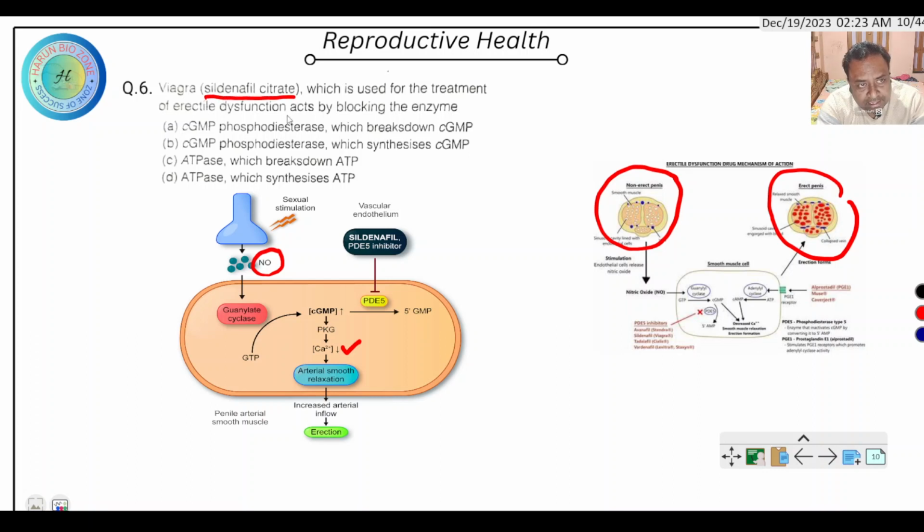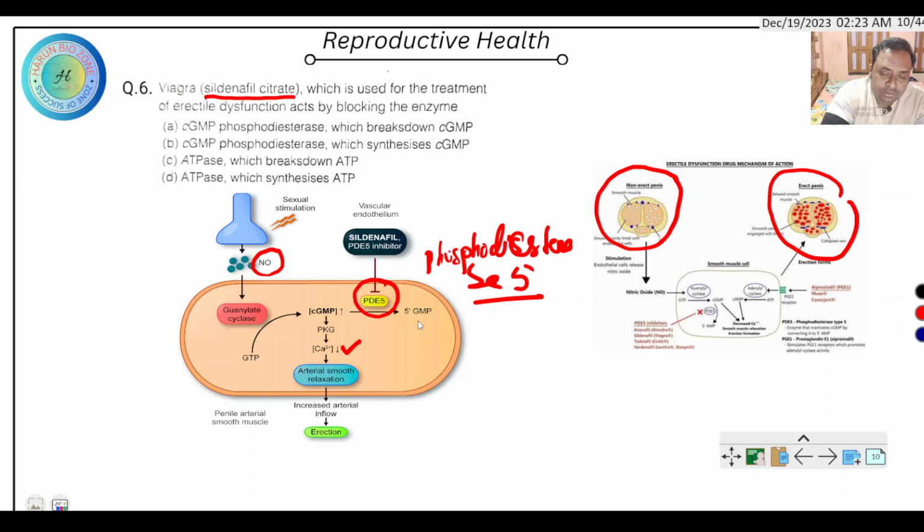Sildenafil citrate inactivates phosphodiesterase 5, because this enzyme converts cyclic GMP into guanosyl monophosphate. Next question, here the right answer is cyclic GMP phosphodiesterase, which breaks down cyclic GMP.